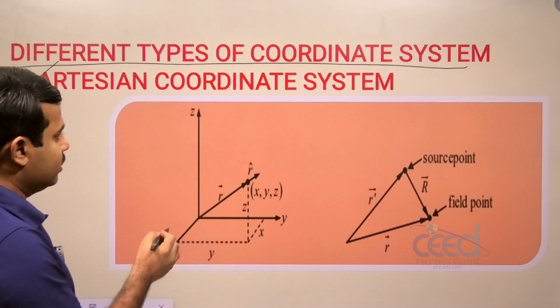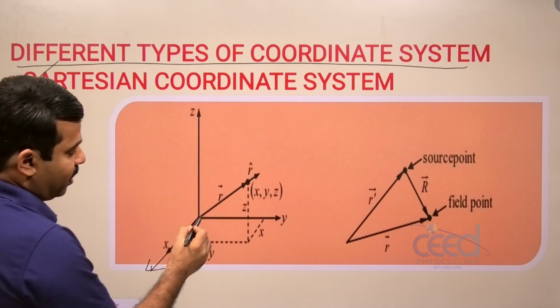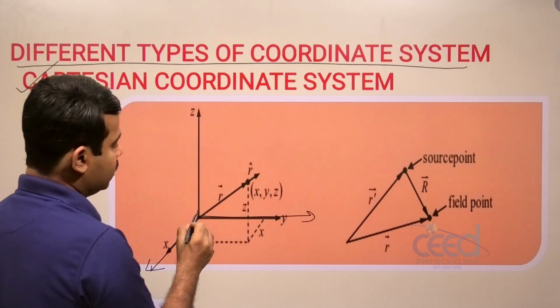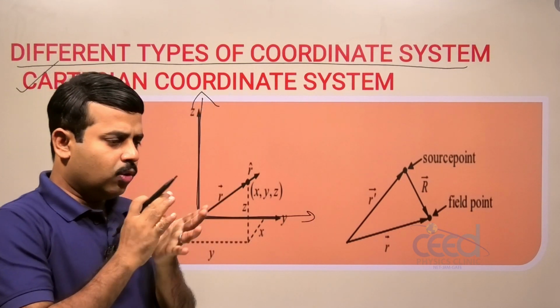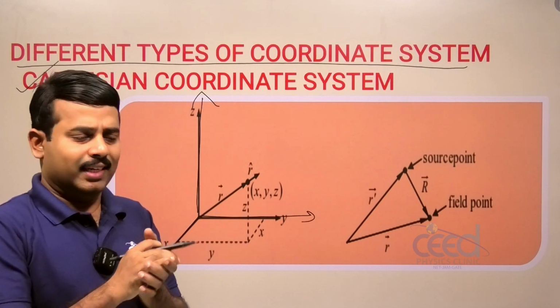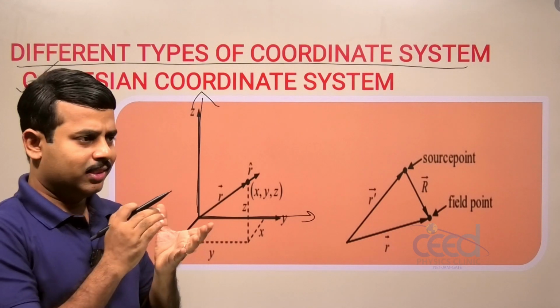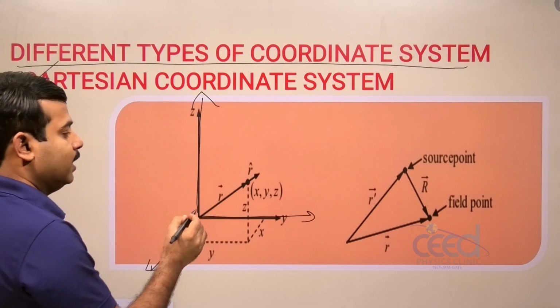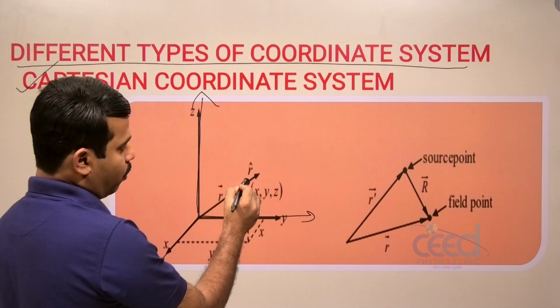So here you can see one coordinate system I have given. This is x, this is y and this is the z-axis. So how do we represent the position of a particular point in a three-dimensional coordinate system? Let us check that first. Suppose I am representing a point.